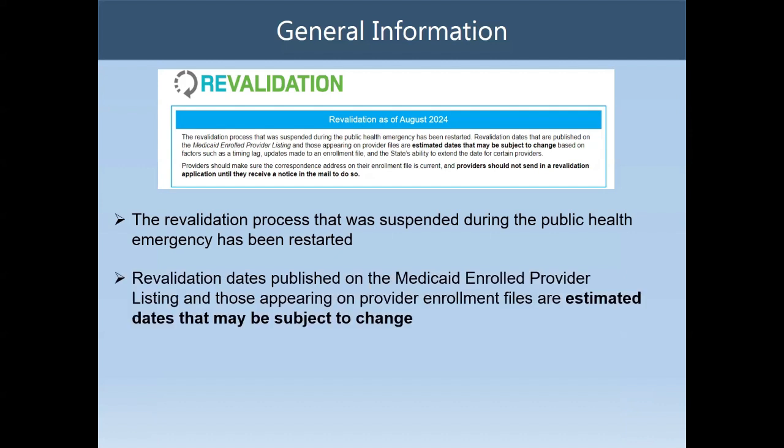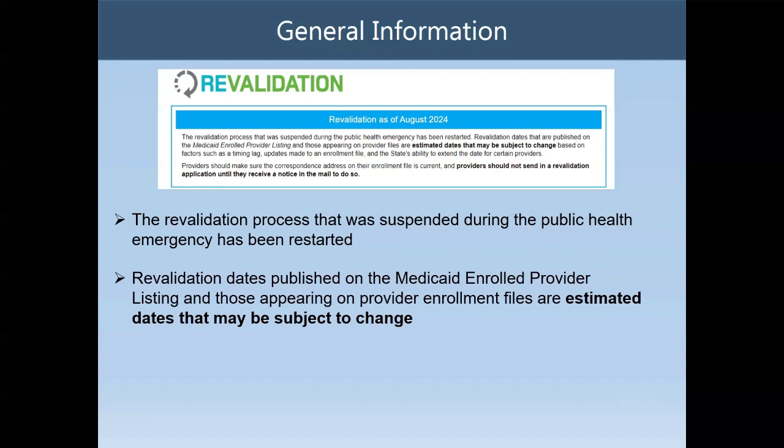And letters have been going out to providers regarding their revalidation. Your revalidation dates that are published on the Medicaid enrolled provider listing and those that appear on your provider enrollment files, they're estimated dates, and they are subject to change.